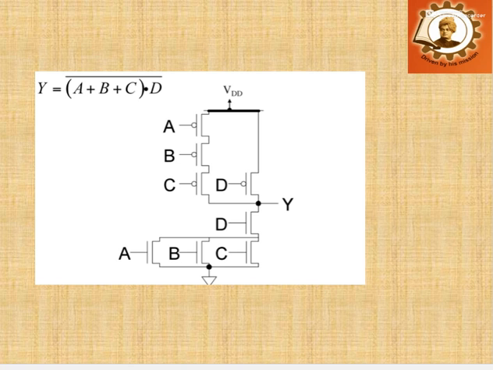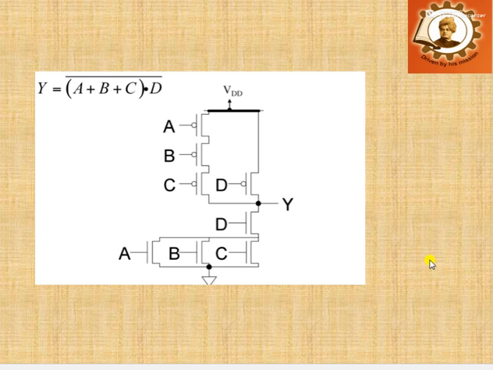So the next expression is y, where A, B and C are ORed with each other, and the total of A, B, C will be ANDed with D, and the total function will be in bar, that means complement. So first we have to take the complement of y, that is y bar.